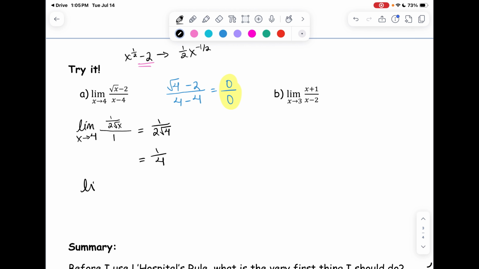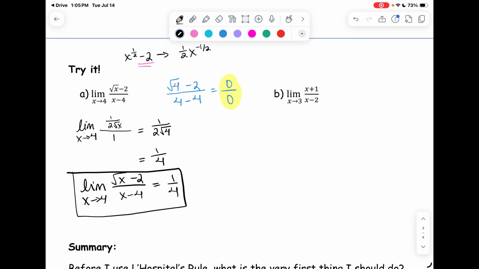So the limit as x approaches 4 of the square root of x minus 2 over x minus 4 equals 1/4. We had an indeterminate form after we directly substituted, so we were able to use L'Hopital's rule to evaluate.